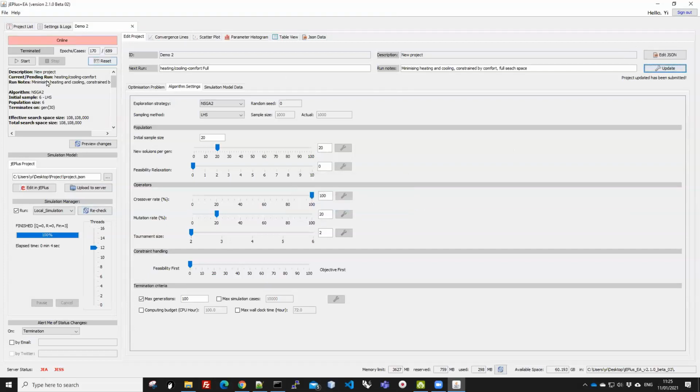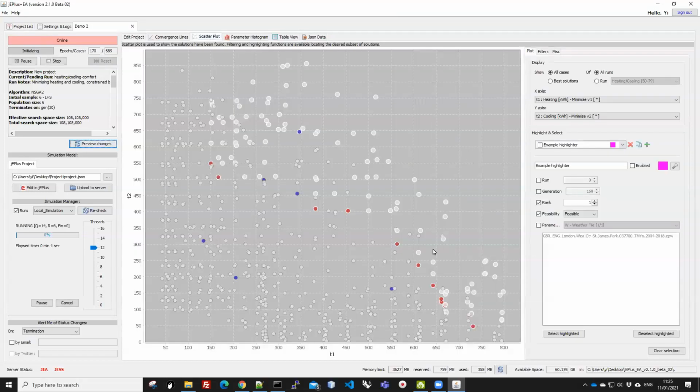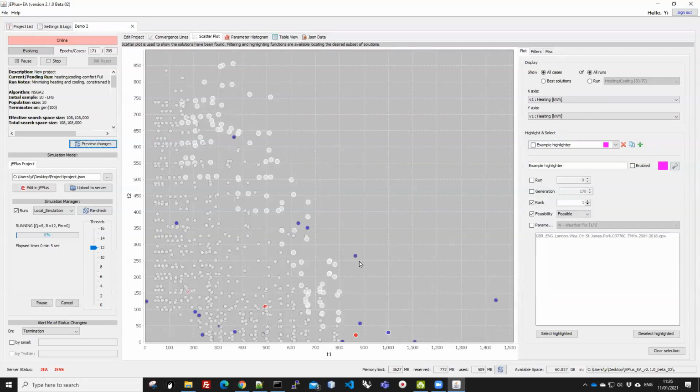Apply changes and start it again. We'll see a lot more points popping up, and with other design parameters, we expect the Pareto front can be improved quite significantly. So let's see if it works or not.